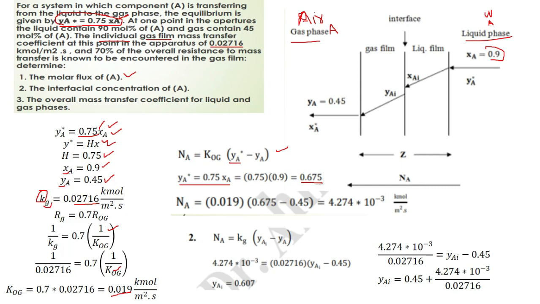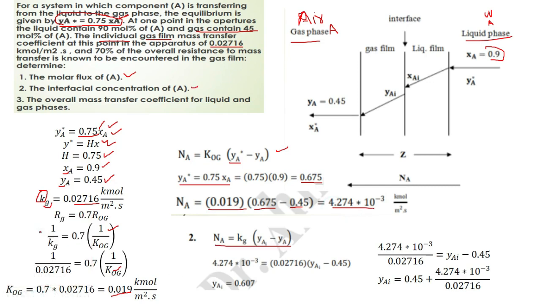This is the equilibrium concentration. So NA is equal to KOG into YA star minus YA. KOG is 0.019, while YA star is 0.675 minus YA is 0.45, which is given. The gas contains 45%. So your final answer will be this.